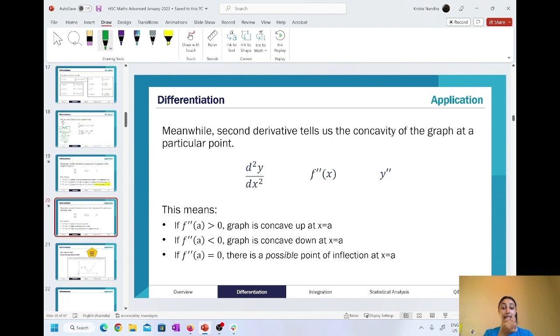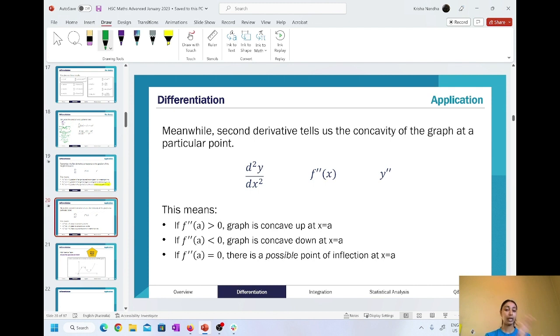Okay, then we have the second derivative. So the first derivative tells us the gradient. The second derivative tells us the concavity. Okay, so concavity is like concave up, concave down. So it's basically the rate at which the curve is increasing or decreasing. So it's got the notation d squared y on dx squared, f double dash x or y double dash.